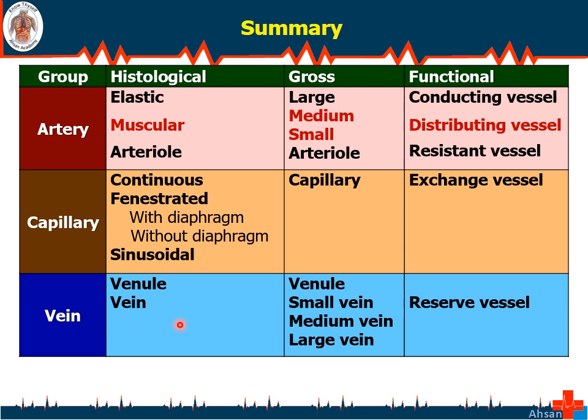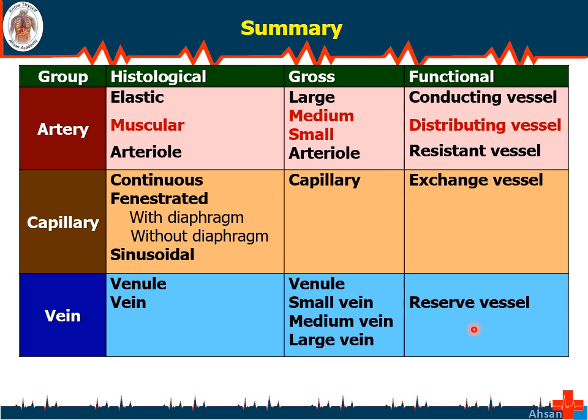Veins histologically, usually we used to say venules with definite wall and veins as common in nature. Grossly we used to say venules that unite together to form small veins, gradually becoming larger because of the union of multiple veins, and finally there are large veins. These veins are functionally known as reserve vessels.